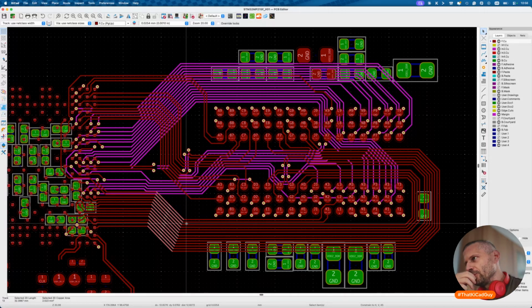So I can unroute these tracks, not the entire segments.